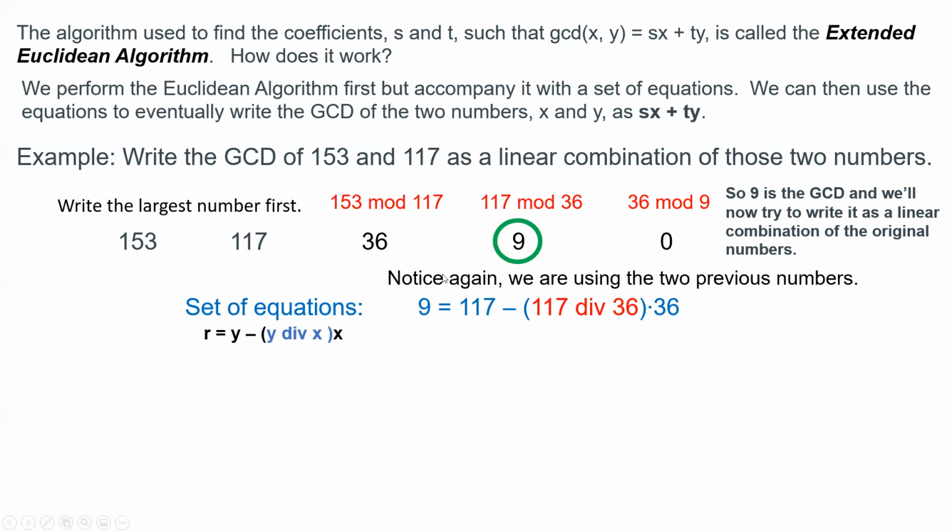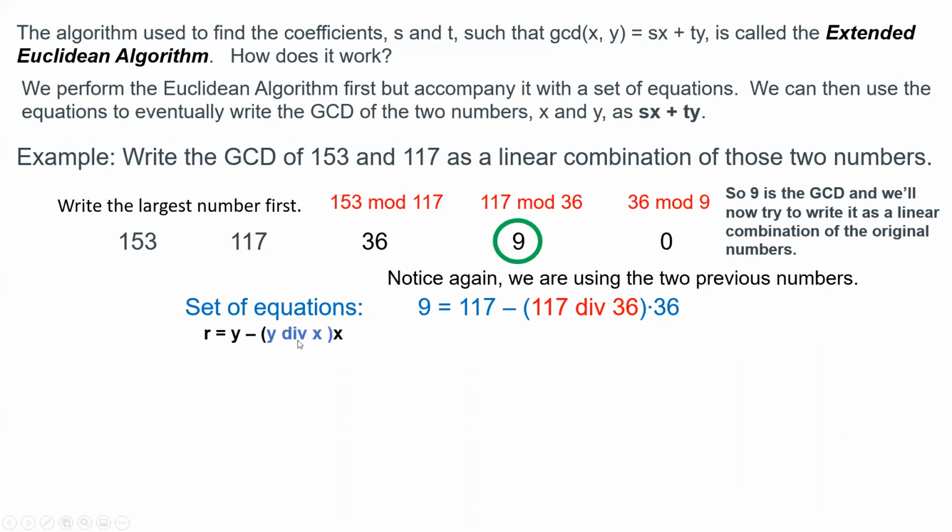So we're going to use this pattern. Look at the two previous numbers. The largest is 117. The other one is 36. We're going to put 117 in place of y here, and put 36 in place of x.